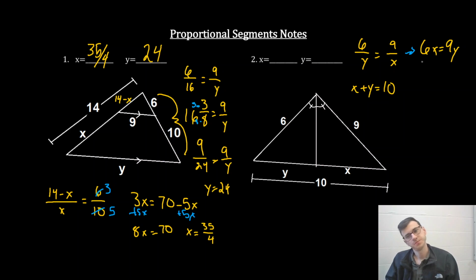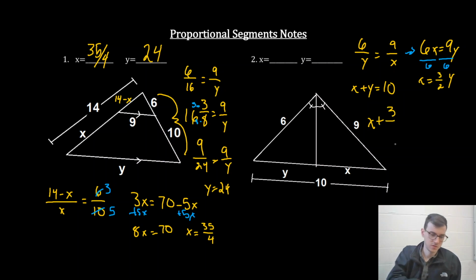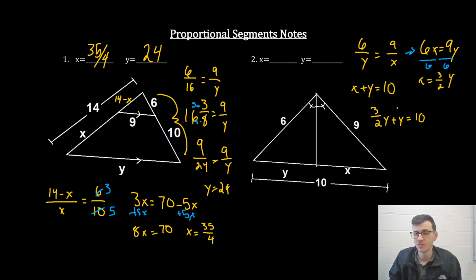Whatever you want to do, right? Maybe you solve for x. And we get x equals 3 halves y, right? 9 over 6 simplifies to 3 over 2. And then I'm substituting for x, so it's 3 halves y plus y equals 10. 3 halves plus y, well, this is 2 halves, right? So that's 5 halves y equals 10.